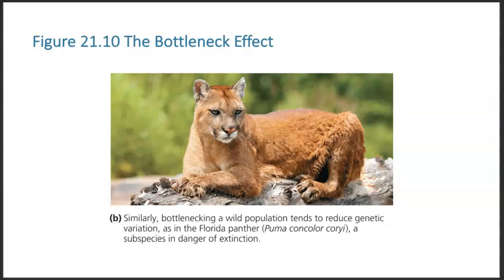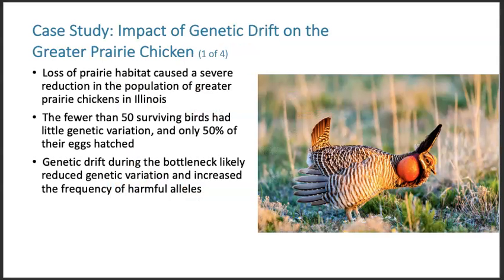Another example of this bottleneck effect, or in general genetic drift, is the greater prairie chicken. I like this example from your book because it's about Illinois. And we live in Illinois, or most of us do, at least in my class.